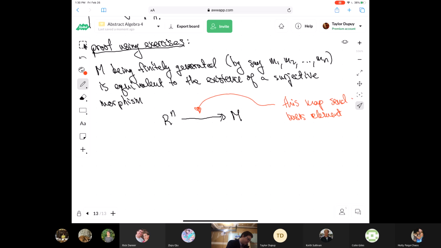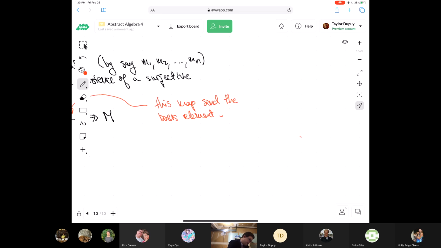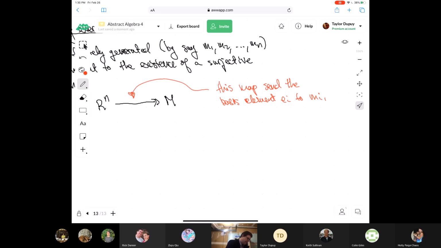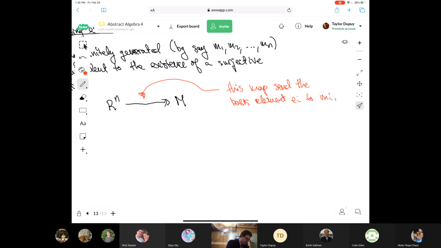It has a basis because it's a free module, right? So the idea is that you send all the basis elements to the generators.